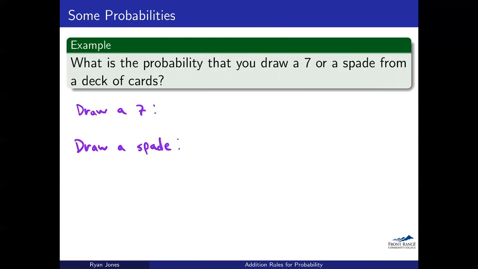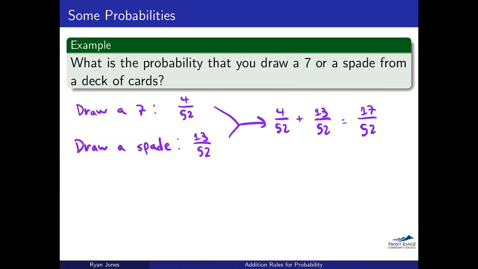And the probabilities of each of these: there's 4 sevens out of the 52, and there's 13 spades out of the 52. So it's natural to think, let's do exactly what we just did and add these together. Because I can draw a 7 or I can draw a spade, and if either of them happens, then we're good. And we say, there's 17 ways out of 52 for this to happen.